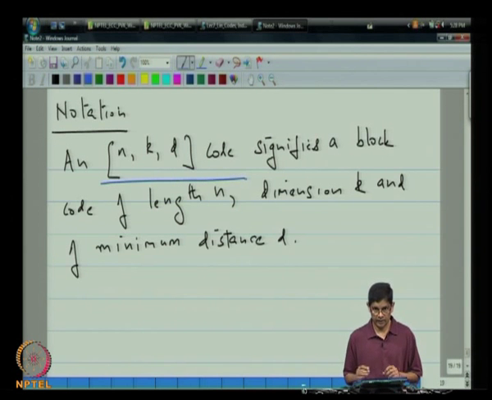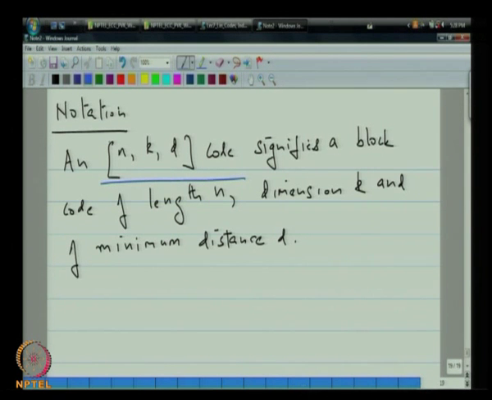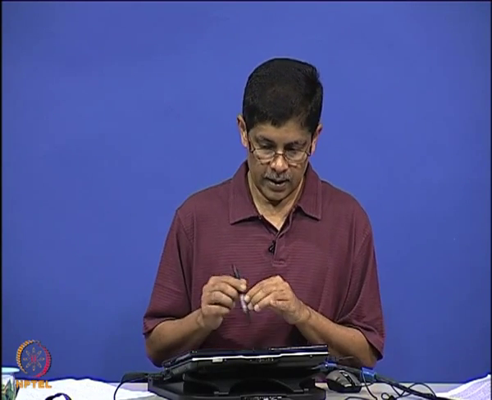Now, it is important that when you write this down, we use rectangular braces. If you used curved braces, then that is usually reserved for the case when the code is not necessarily linear.